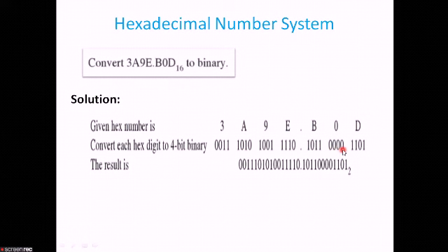Then D is 13, that is 1101. So the result is the combination of all these bits: 0011 1010 1001 1110.1011 0000 1101 to the base 2.